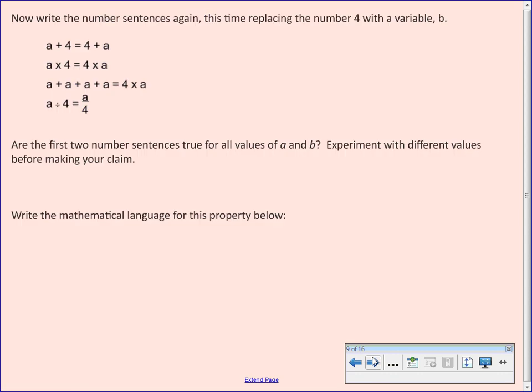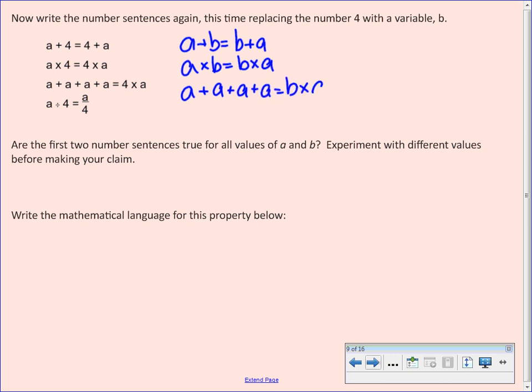Now they want us to rewrite them again, but this time change the 4 to a B. So let's do that now. So A plus B is the same thing as B plus A. A times B is the same thing as B times A. A plus A plus A plus A equals B times A. A divided by B equals A divided by B. So we took all of our numbers and we replaced them with letters.